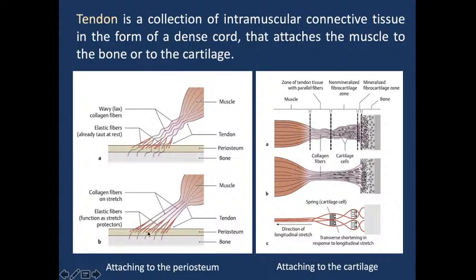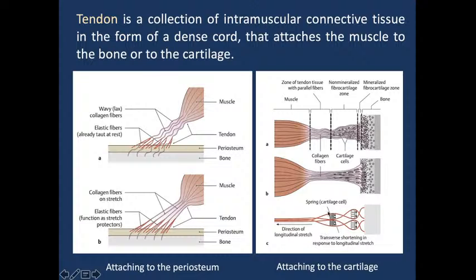Here is the periosteum, and usually the tendon connects to the periosteum with special elastic fibers, and they help to contract some tendon within the attachment point.